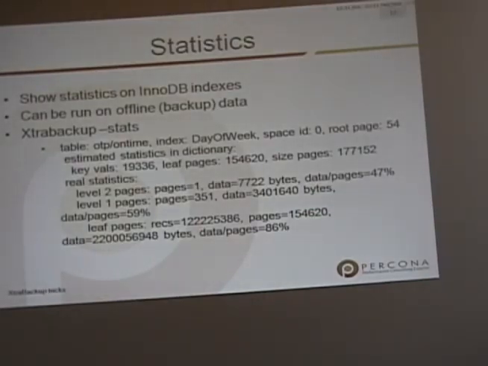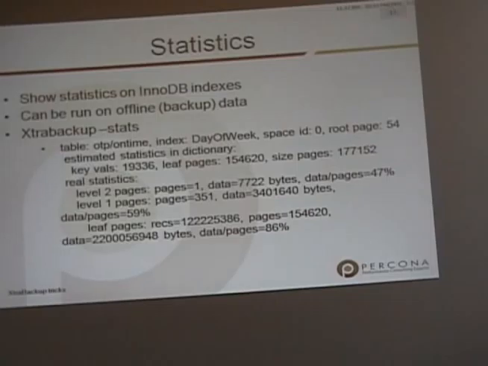Statistics. We recently added pretty detailed statistics about each index in an InnoDB table, and the reason we reuse Xtrabackup for that is that you can run statistics on offline data. You can make a backup and run statistics on the backup to not hurt your production server.